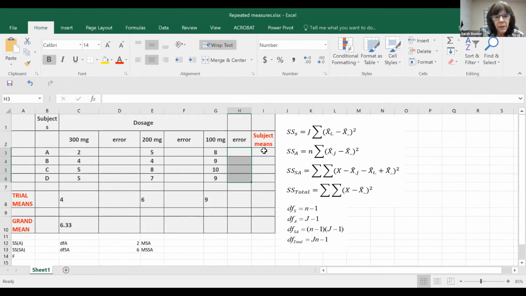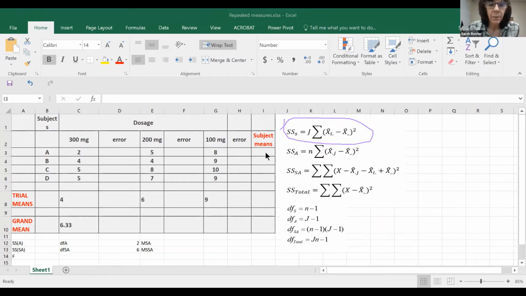What we also need in the repeated measures ANOVA, which we never had before, is the subject means. And that would be this term for SSA. No, I'm sorry. This would be this term for SSS, right? This is what we can model due to predictable differences between these individuals, and because this is an individual's mean across the J groups.